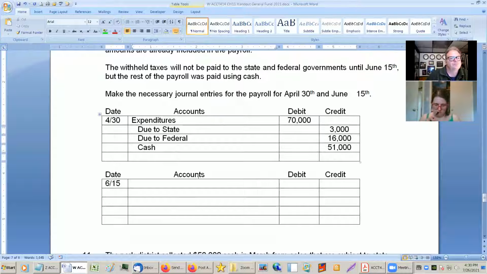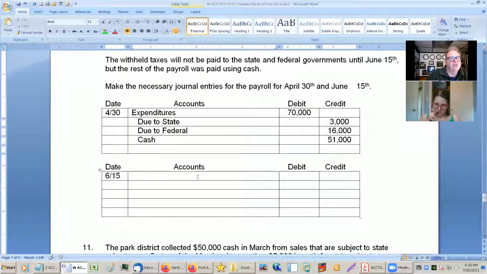Yeah, so these are, again, because they're government agencies. If this was owed to somebody outside the government, like the health plan, this would be payable to accounts payable, whatever the health plan is.